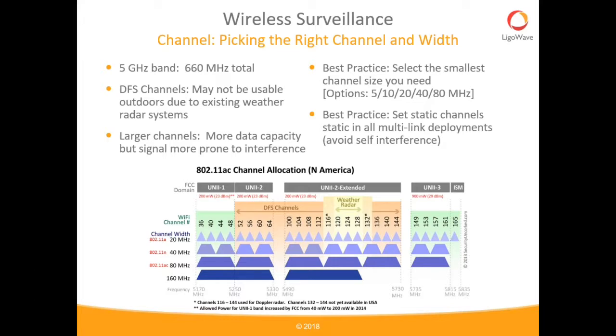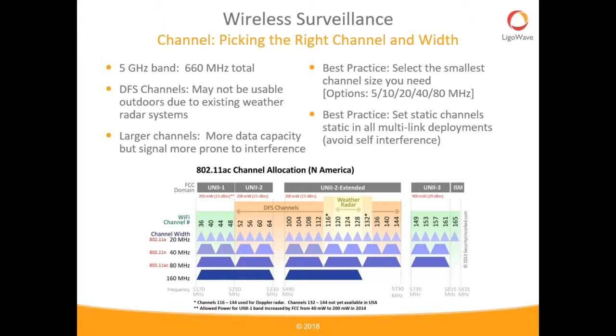However, you increase the noise floor as you increase the width of the channel, and you subject yourself to more sources of interference from the outside environment. So the general best practice is to select the smallest channel size that you actually need for the throughput that you have to have. As I mentioned before, for example, our DLB series can get upwards of 500 megabits per second under ideal conditions using an 80 megahertz channel.